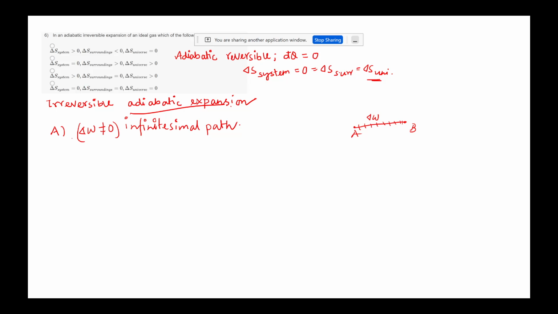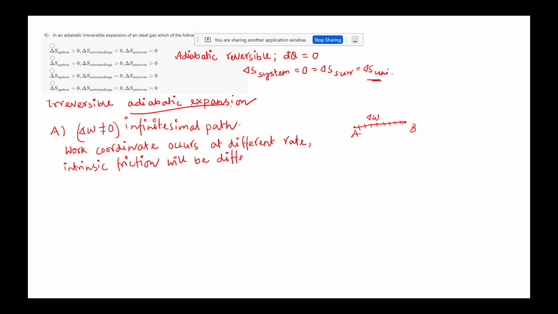So if this work coordinate changes at a different rate, the intrinsic friction will be different, obviously, because the energy dissipation from the friction will be different, right?